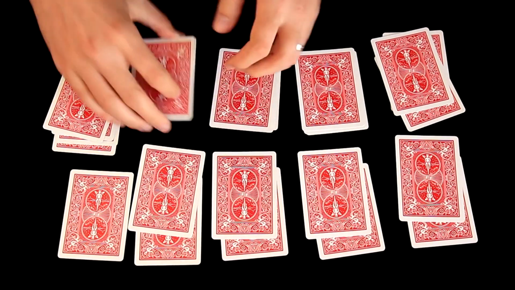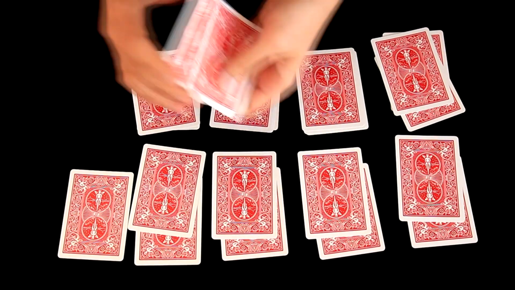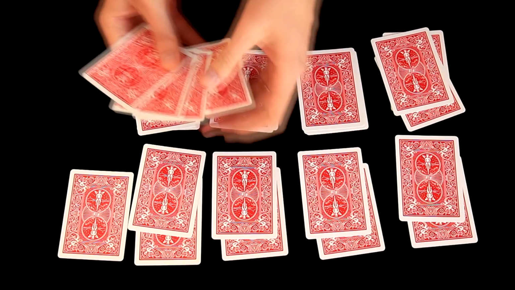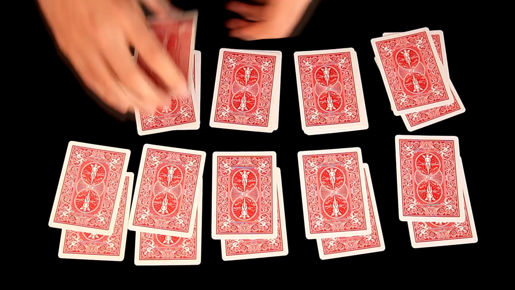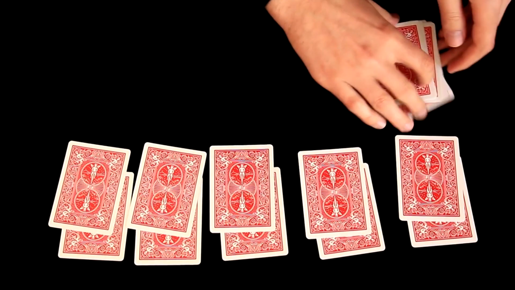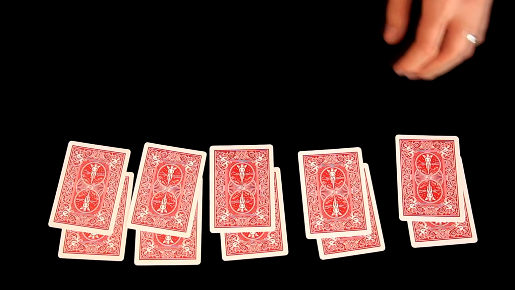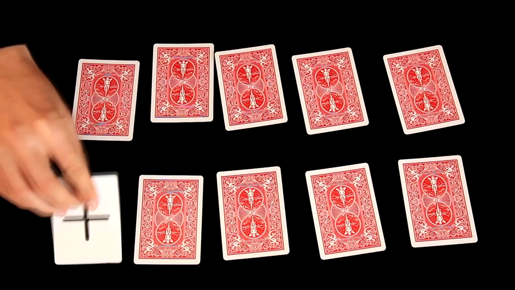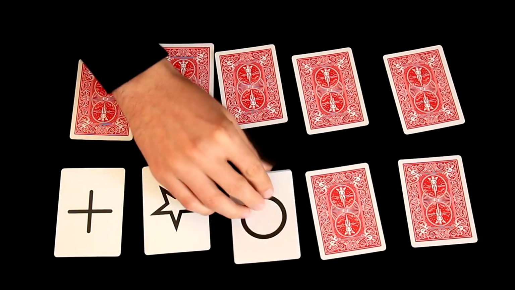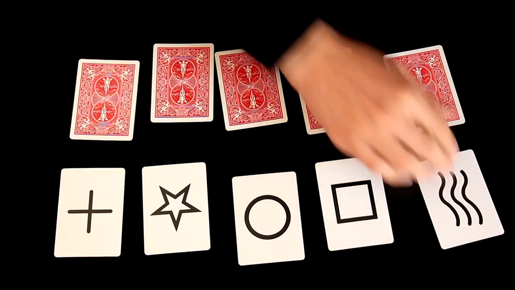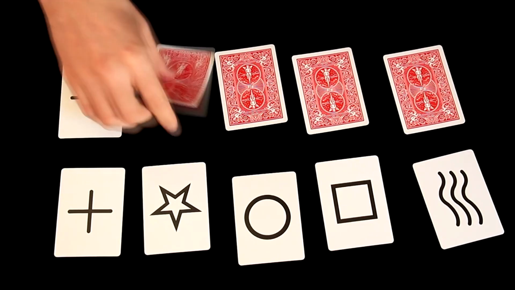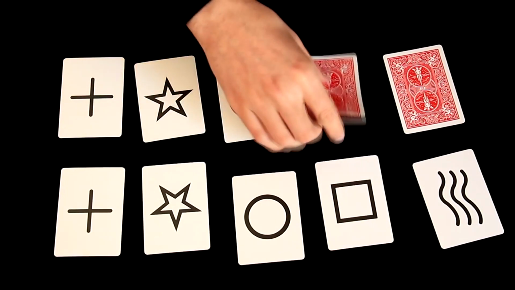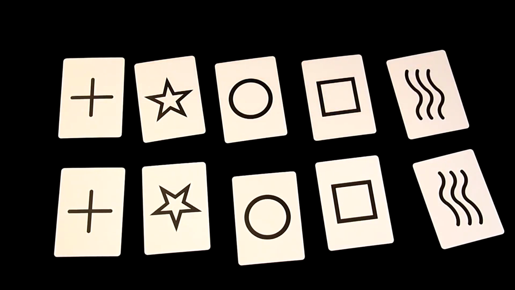So we can even invite 5 spectators if we want, or just 1 if we don't have more spectators. But now everything is done. You can just reveal that the cards on the table are matching cards that were taken freely by the spectator.